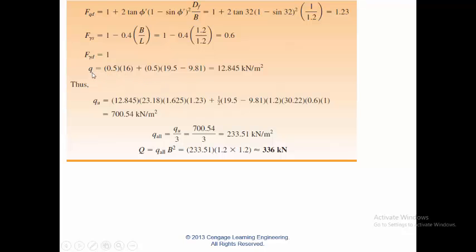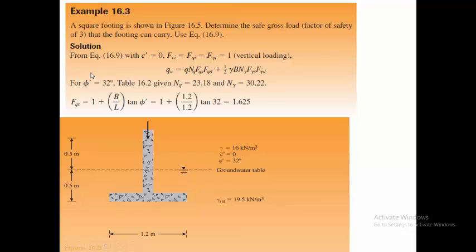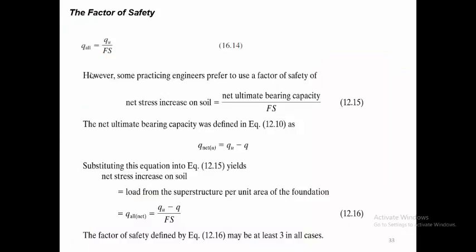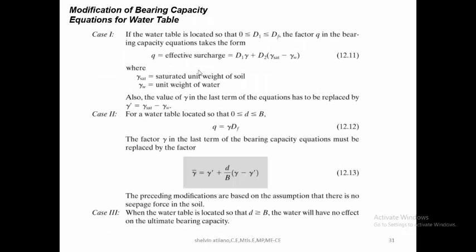Sorry, we need to determine first the value of q. Since we are in case 1, it is D1 gamma plus D2 times gamma sat minus gamma water. Gamma prime is gamma sat minus gamma water.